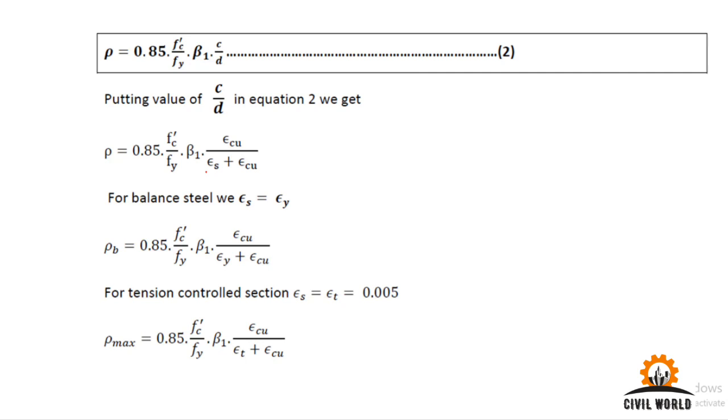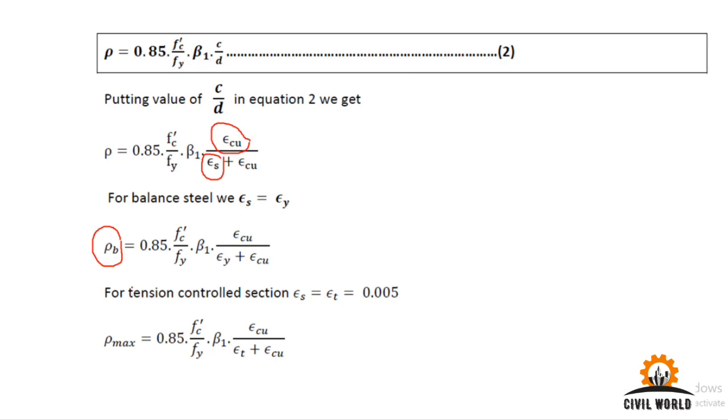So a point at which concrete has already reached its ultimate compressive strain epsilon cu, and the tensile strain in steel, epsilon s, reaches its yielding strain, when it is equal to epsilon y. If we put in epsilon y in place of epsilon s, that is called rho b, or balanced reinforcement ratio.